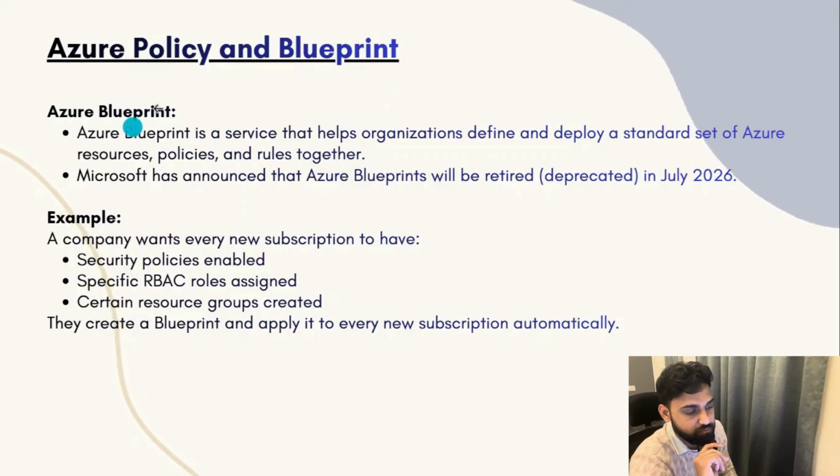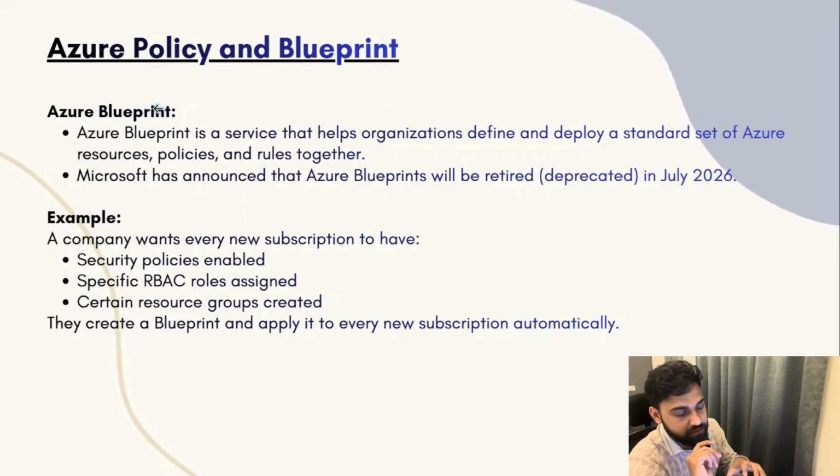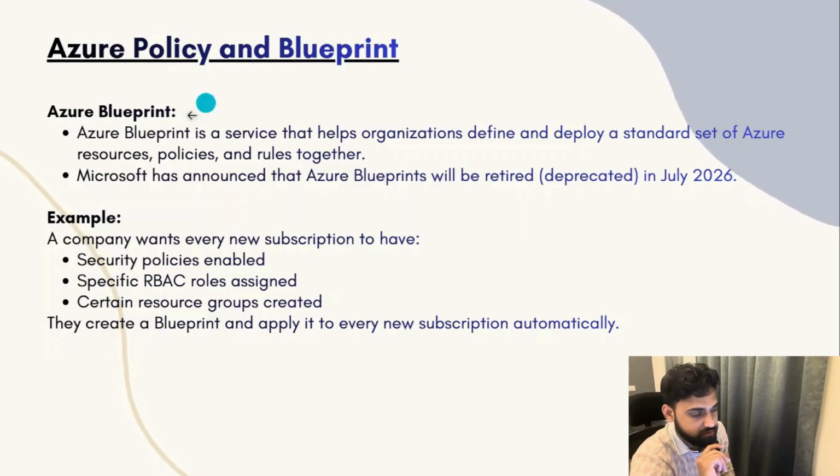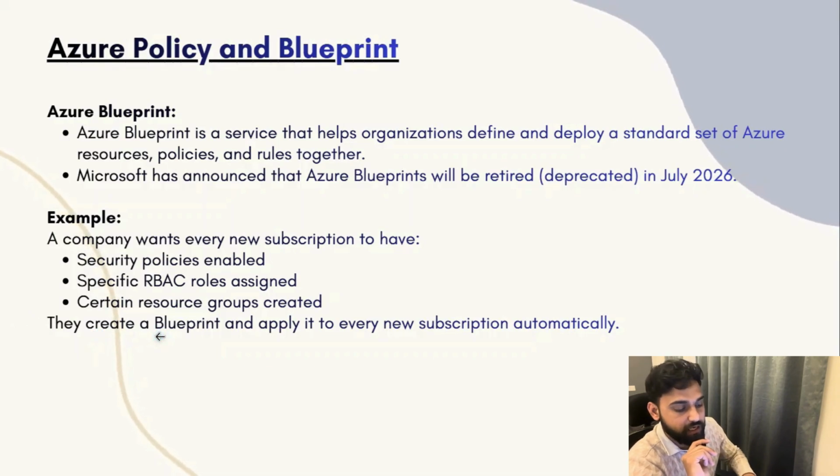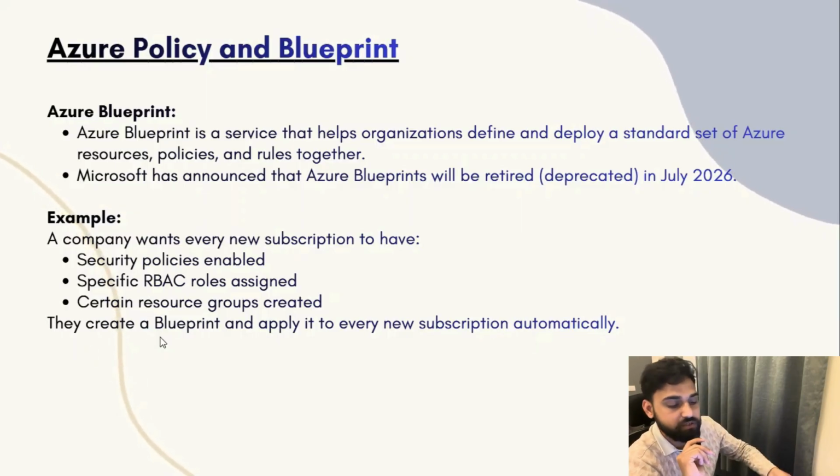It's more like a service that will store your policies and all the rules inside the blueprint, so you can copy from one place and apply to another place. For example, a company wants every new subscription to have a security policy enabled, specific role-based access roles assigned, and certain resource groups created. They create a blueprint and apply it to every new subscription automatically.